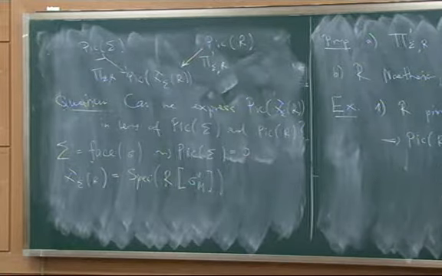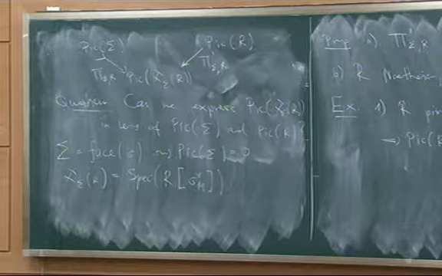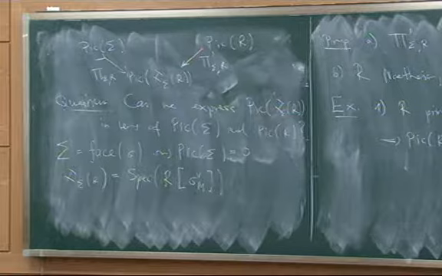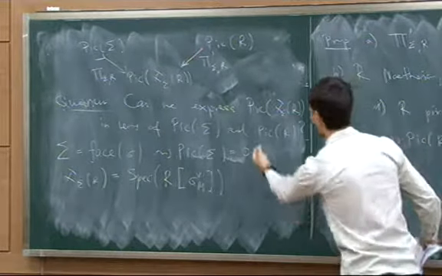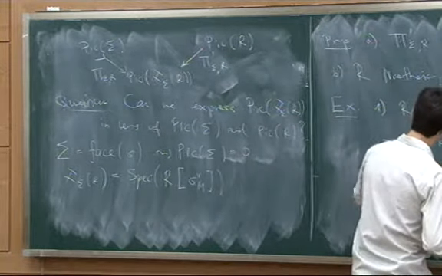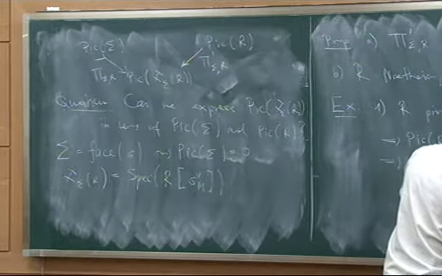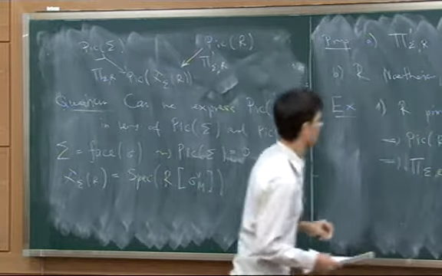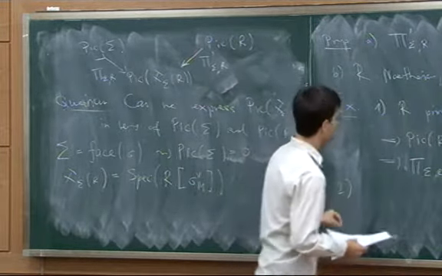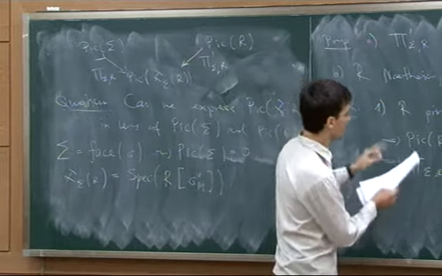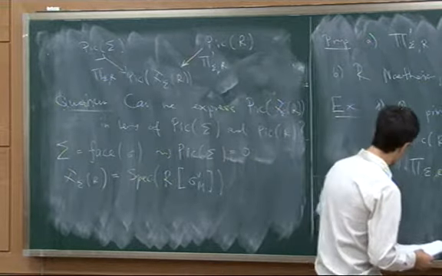So the Picard group of the toric scheme, this is an isomorphism, so this vanishes too, and we know the Picard group of the fan vanishes, so this is an isomorphism.